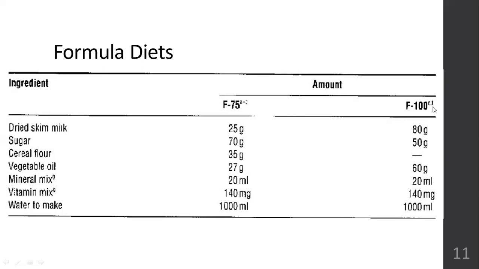Based on this, when you use these two feeds, you will start seeing the changes in the child's weight. It is usually given to correct micronutrient and macronutrient deficiencies, and also to put on weight for the child. So this is the formula diet, F75 and F100. Is it clear to all?